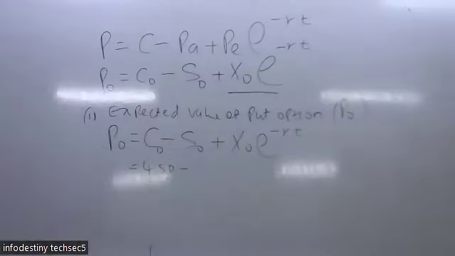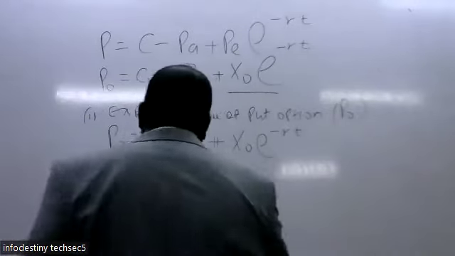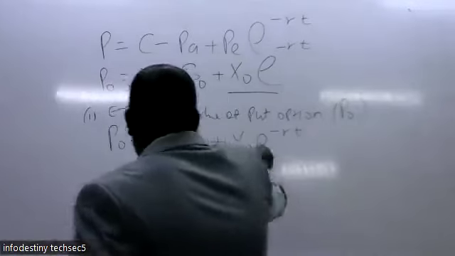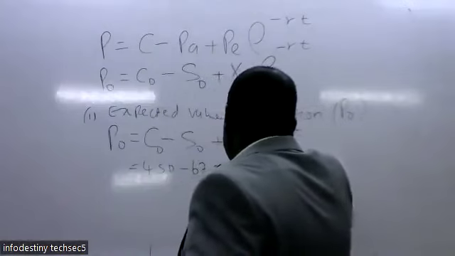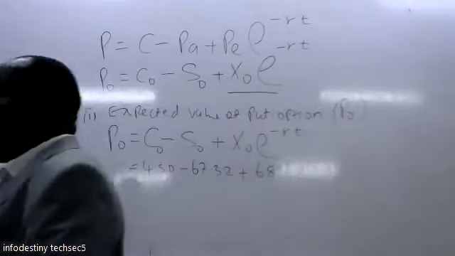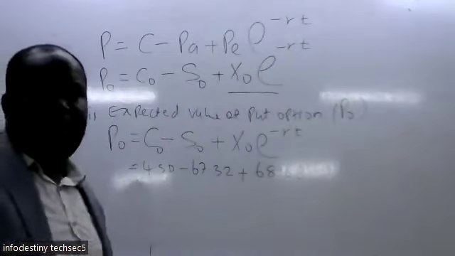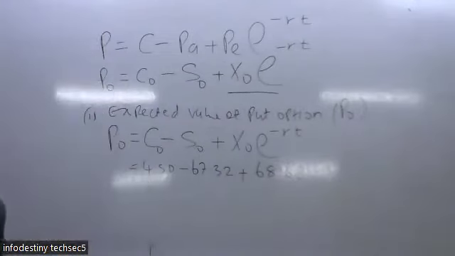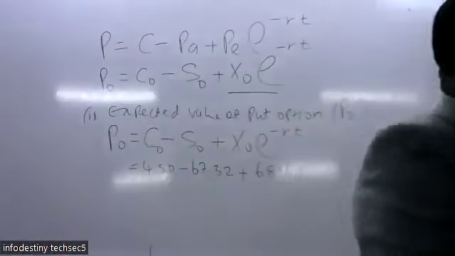SO is also given as 67.32. Then this figure is what you have just calculated, 68.68. That now will give you the value of the put option.